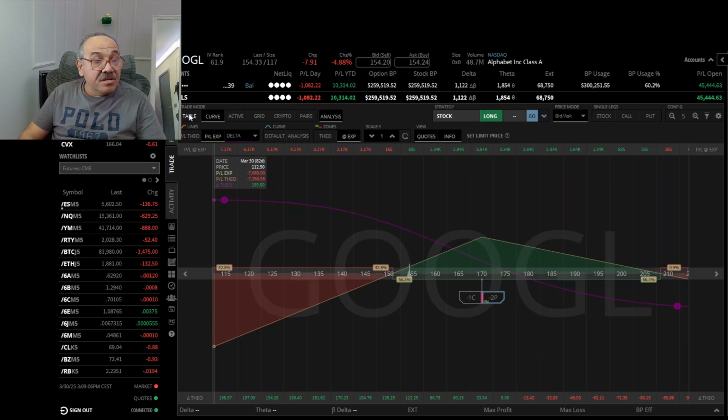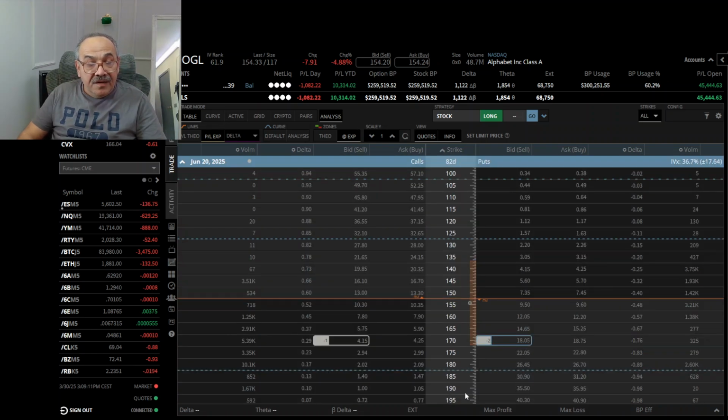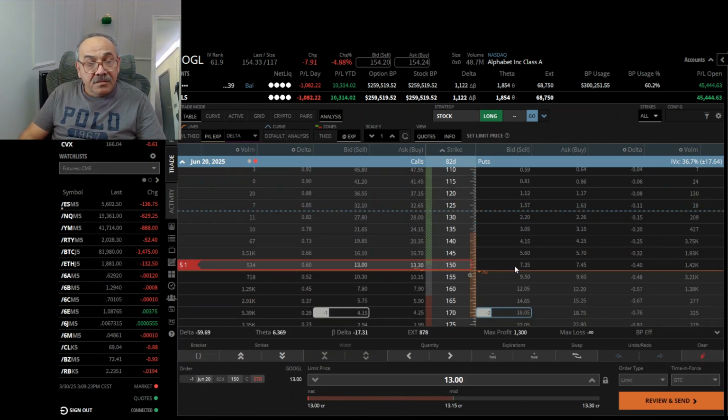Let's try to see what we can add here. This is how it looks right now. It's 170 strike. We're right now at 155 approximately. We can go and sell at the money here, 150, just a regular straddle, and let's see how it's gonna look.